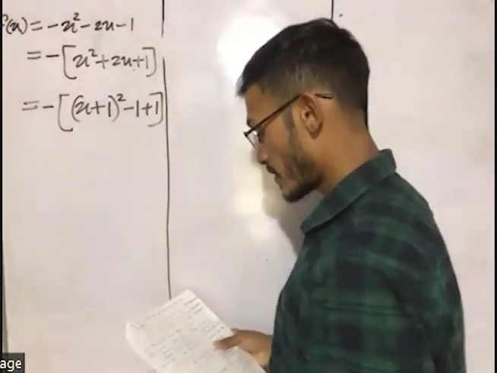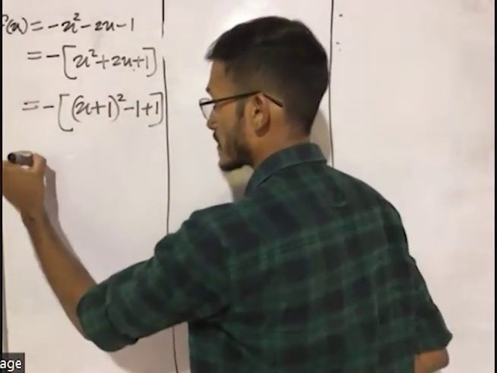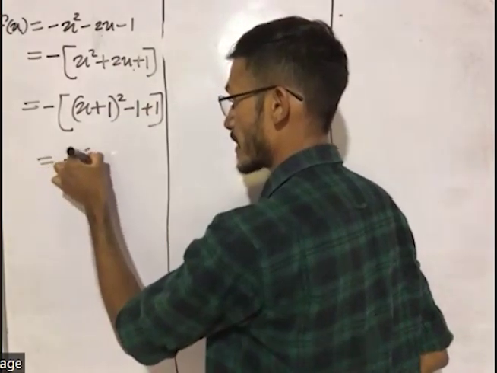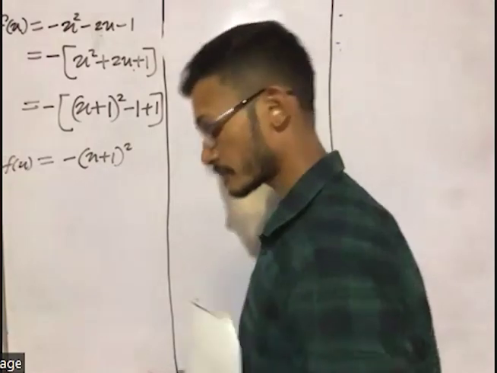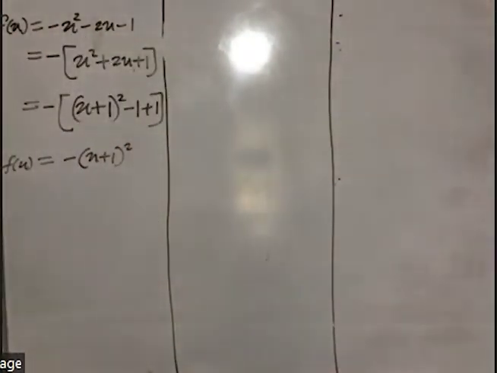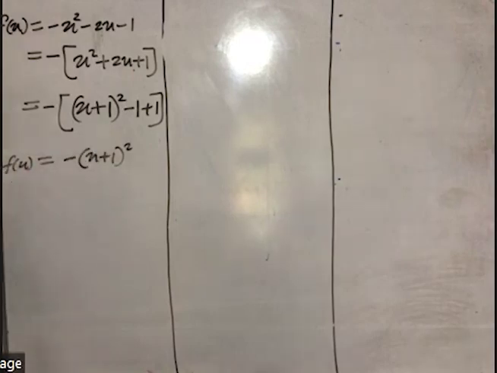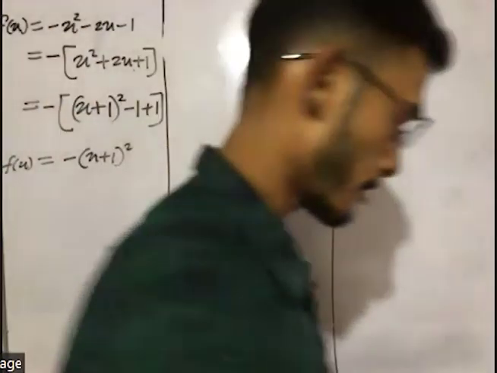Here minus 1 and plus 1 will cancel. So the answer is f(x) equal to minus (x plus 1) square. If you look at this, this is the negative of the previous function we have drawn.